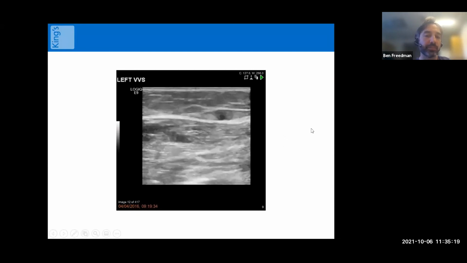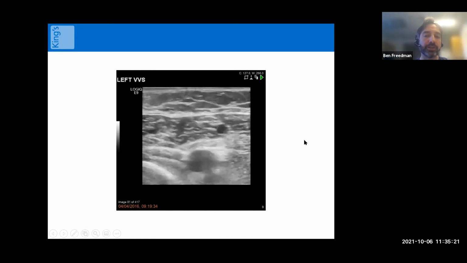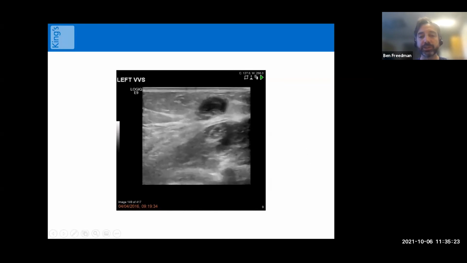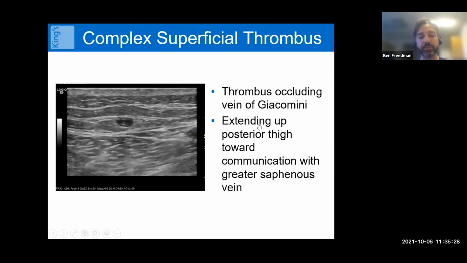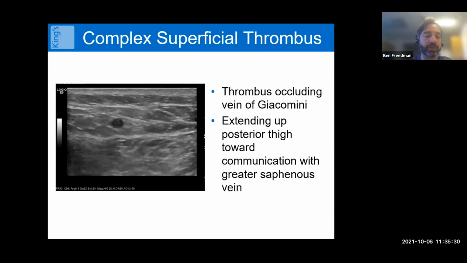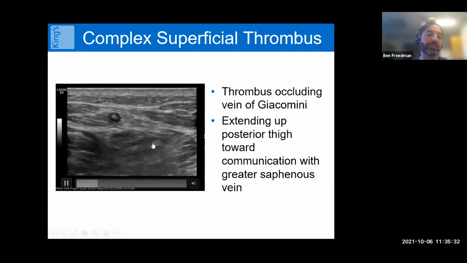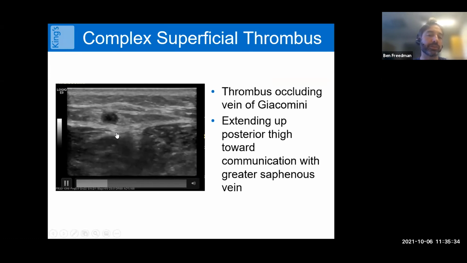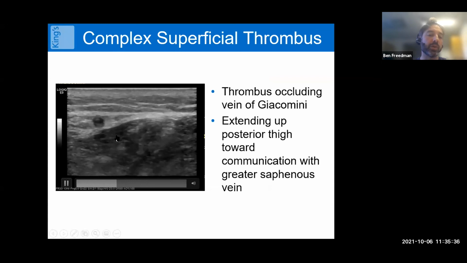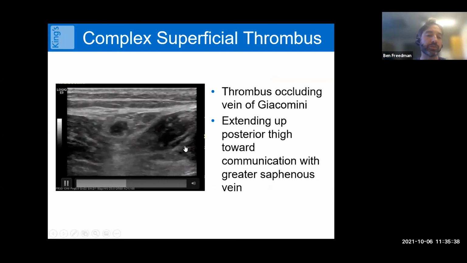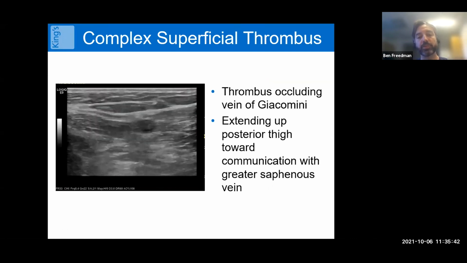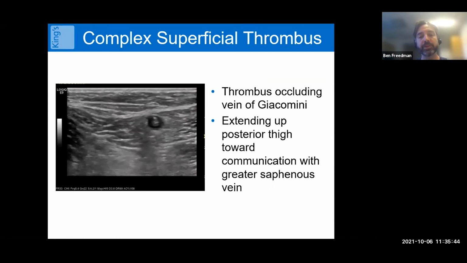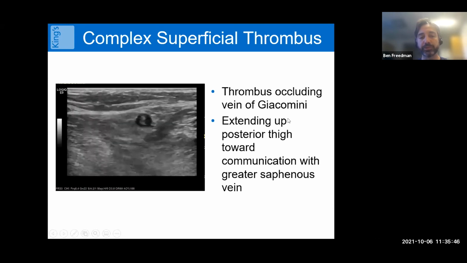Whether that's clinically important or not, I leave to the clinicians who read our reports to decide. But certainly some superficial vein thrombus can be quite extensive, and if it extends up, as this one did in this case, quite a long way in the leg, and sometimes goes through junctions with perforating veins and can actually propagate through into the deep system, that's certainly potentially important.